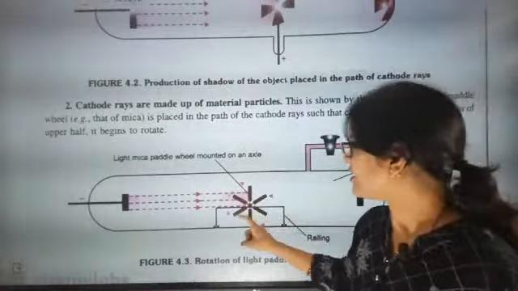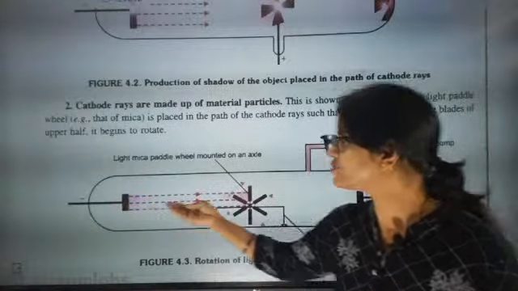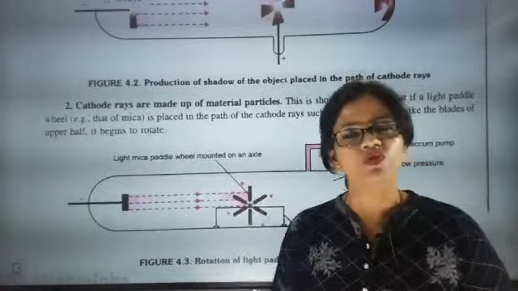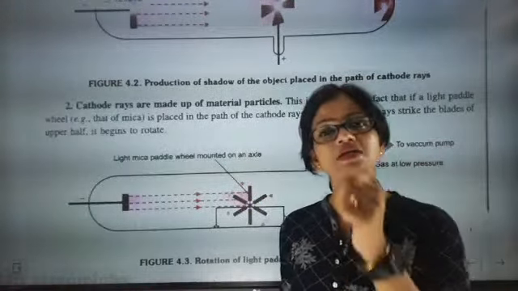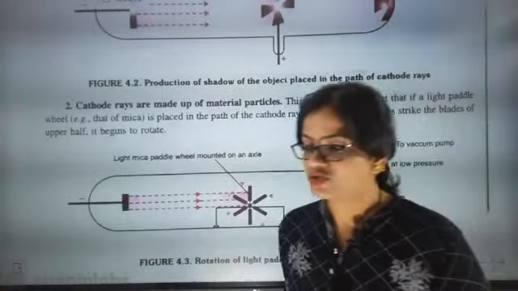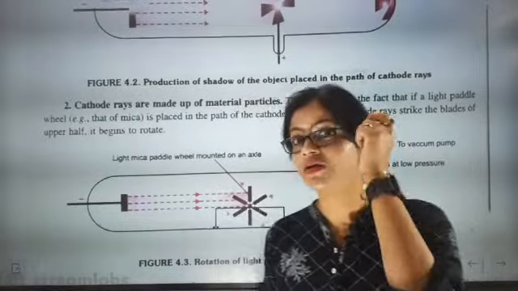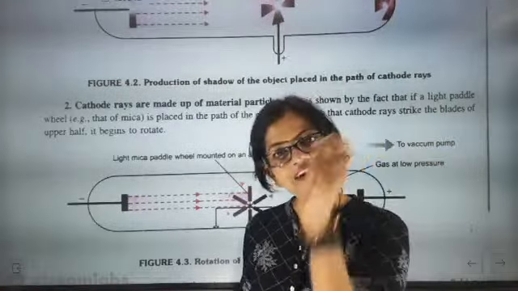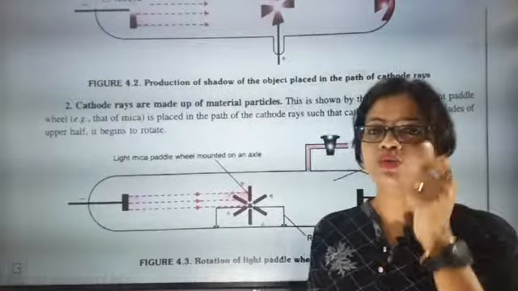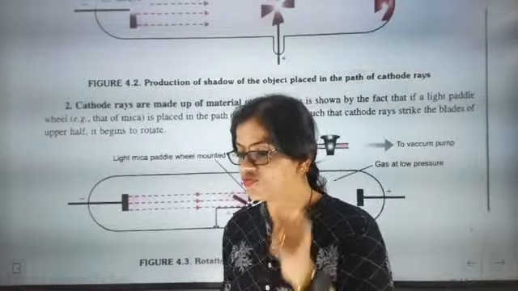So this paddle is connected, and when the cathode rays were traveling, the paddle started moving. The paddle started moving means these particles are capable of moving the paddles. So the rays coming out have particles, and these particles have the capability to move the paddles.